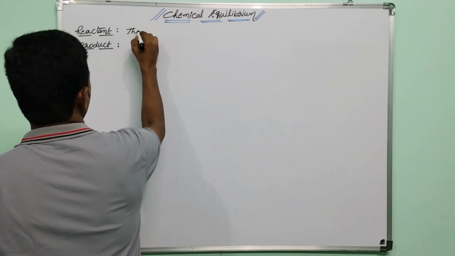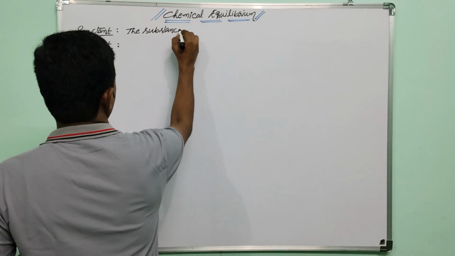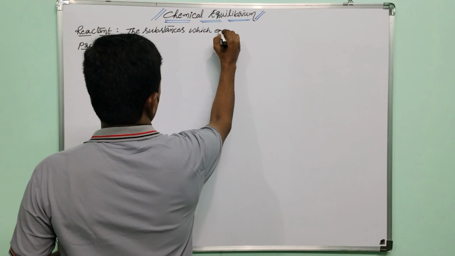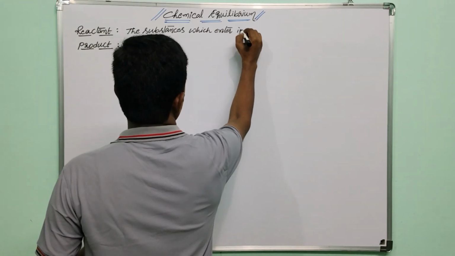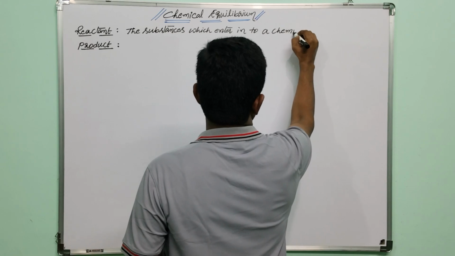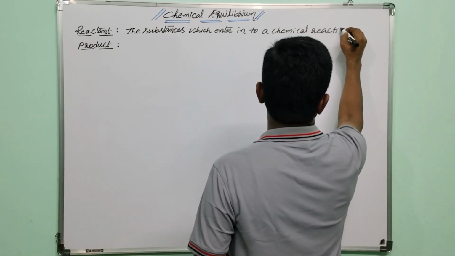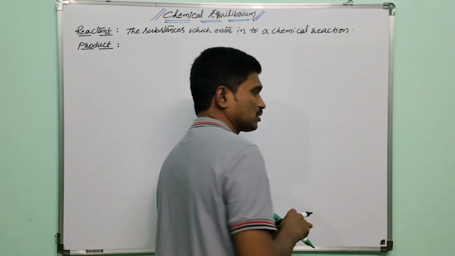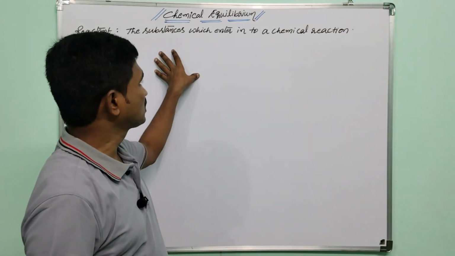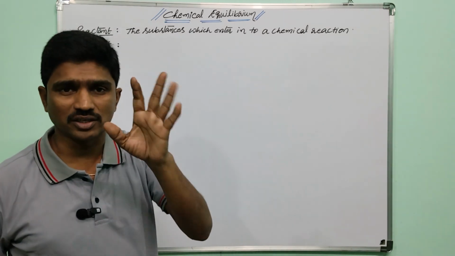So, the substances which enter into a chemical reaction are the substances which participate in a chemical reaction. The substance which enters into a chemical reaction is called a reactant.